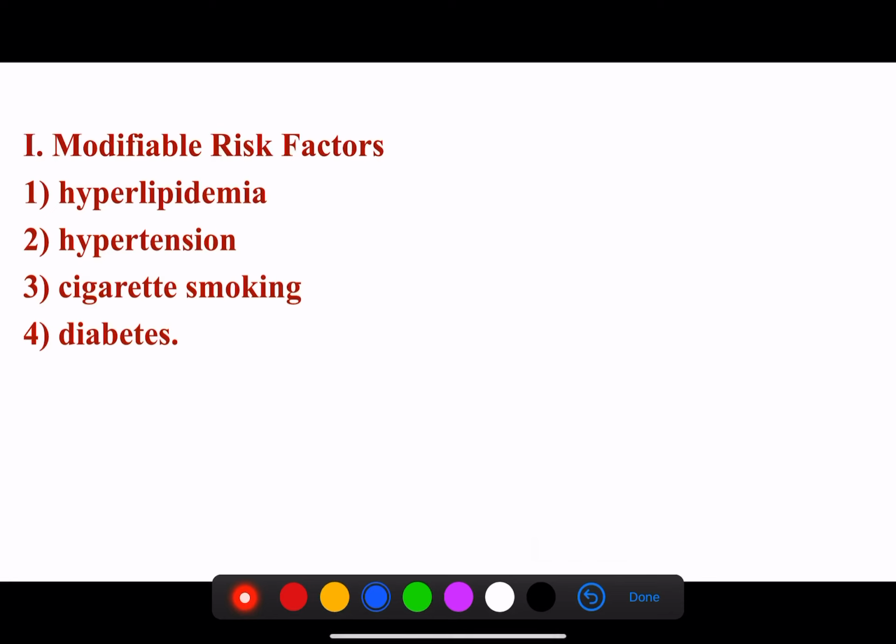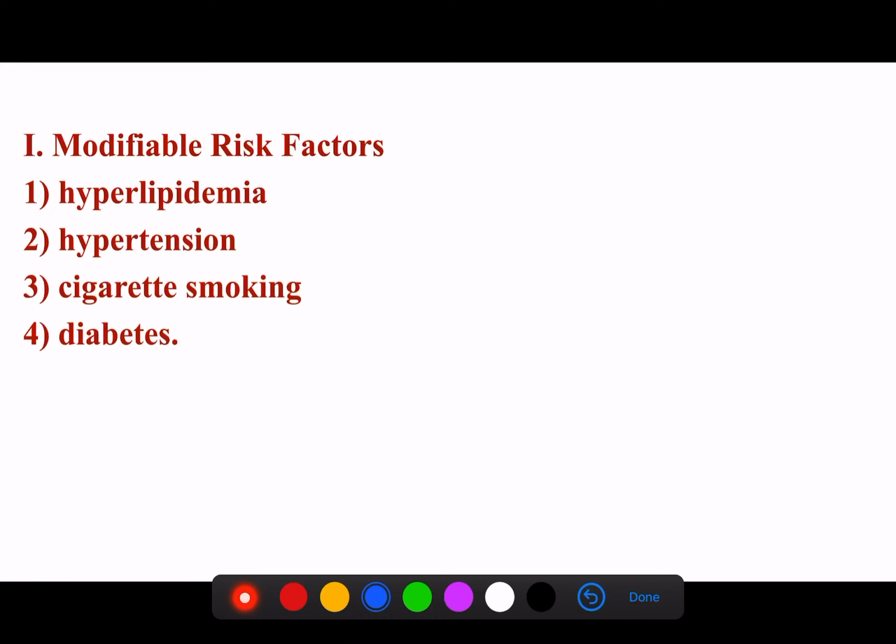We cannot change sex or age. The incidence of atherosclerosis increases with age, increases in men compared with women, and increases with a family history of atherosclerosis. Genetic, as we say, familial hypercholesterolemia.